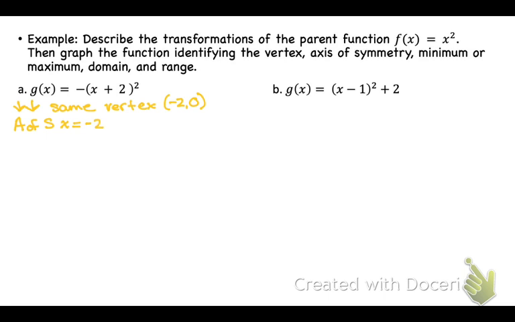Min or max? Opens down. Do I have a minimum or a maximum? Maximum. A maximum at where? Negative 2, 0. And domain and range, x and y. We'll graph it real quick before we do domain and range.